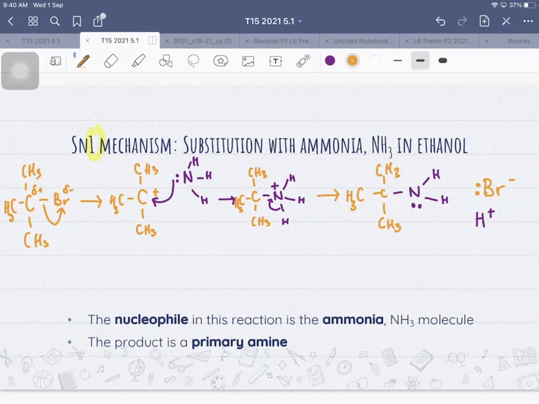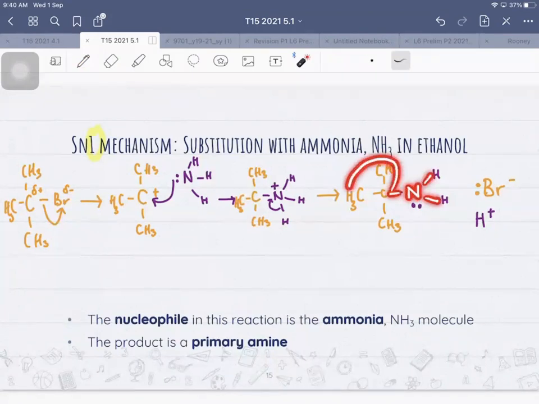Okay, and because of this, your amine product can act as a nucleophile. This is still considered a primary amine. Okay, how do you identify your amine? You look at the bonds that are attached to the nitrogen.